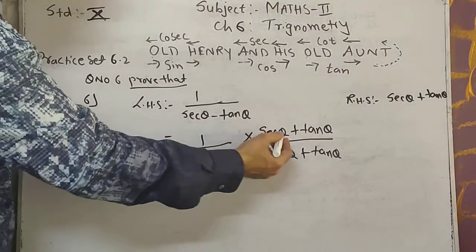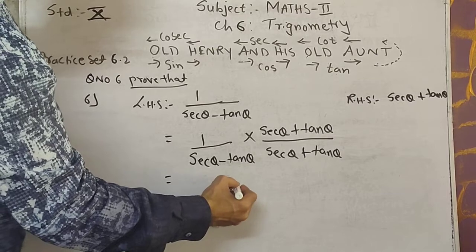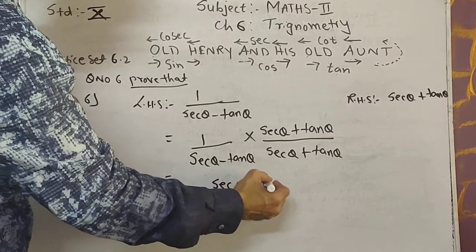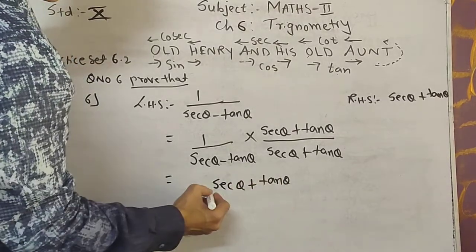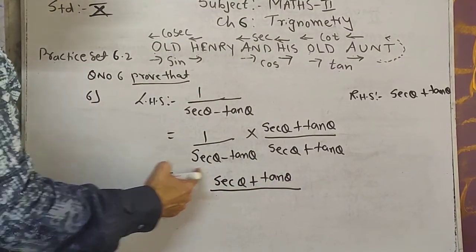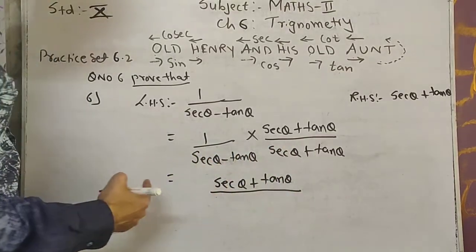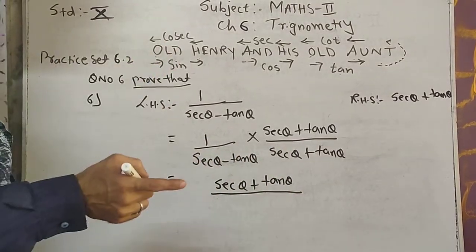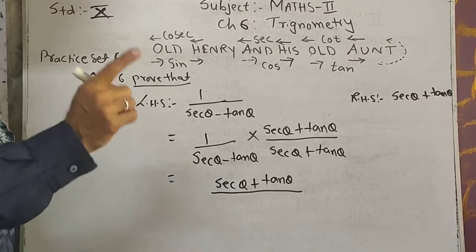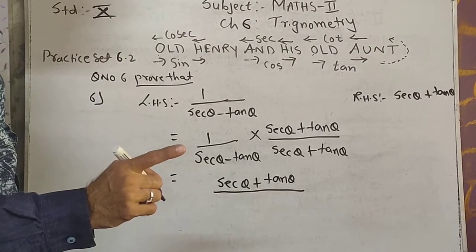So 1 into this sec theta plus tan theta will be the same. I am writing sec theta plus tan theta upon, now you can see the denominator is in the form of a plus b, a minus b. So you get the formula a square minus b square.